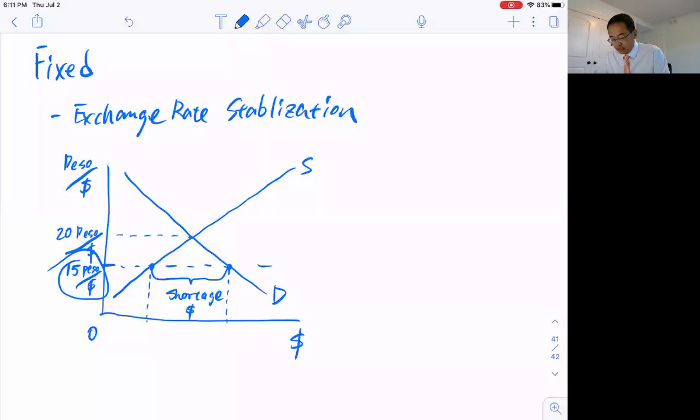And of course, when the fixed rate is different than the market equilibrium, usually the thinking is, well, if you intentionally devalue your currency, meaning your exchange rate is higher than market equilibrium, that's more sustainable because that requires you to print more of your own currency and supply it to the foreign exchange market, right?